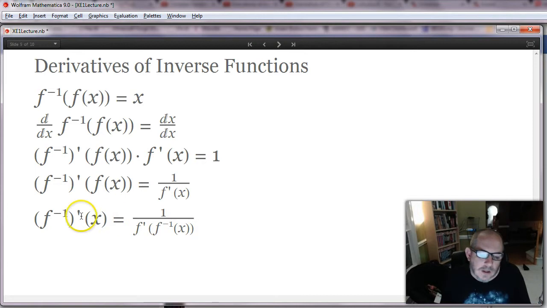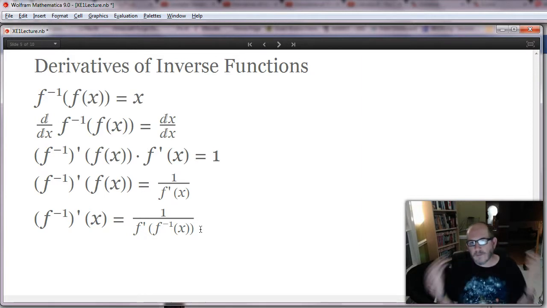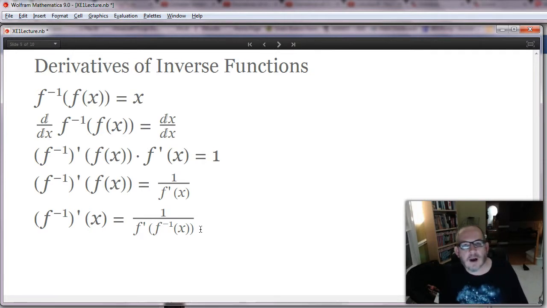And we've got this really nice statement that says that under the right conditions, the derivative of the inverse of a function evaluated at some value x is equal to 1 over the derivative of the function evaluated at the inverse function of x.